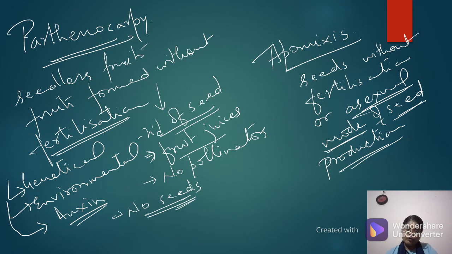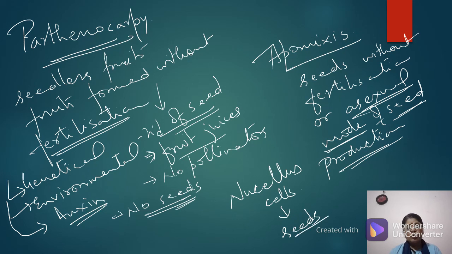Mainly, the nucellus cells lead into the formation of your seeds. There is no fusion of gametes taking place; this is an asexual process.